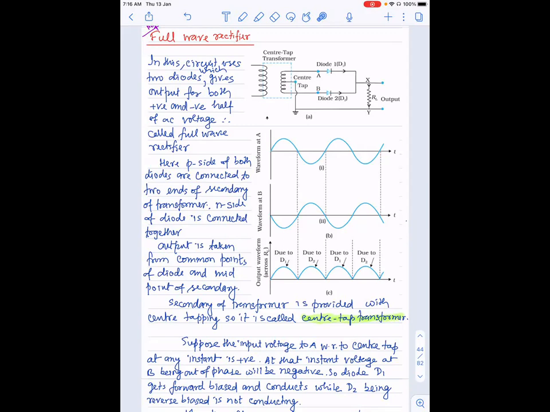So we can see the role of how the pulsation is removed. What you see here, we want constant output like this. So the capacitor is used to remove this up and down, that is pulsation in the output.